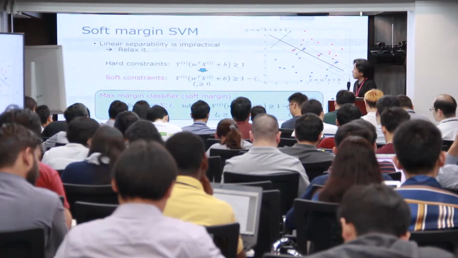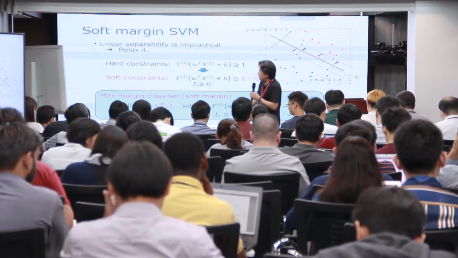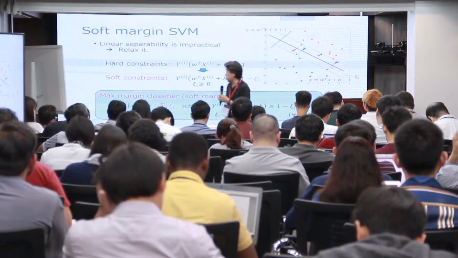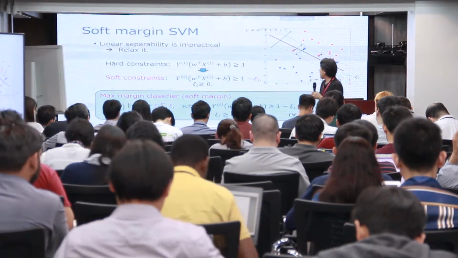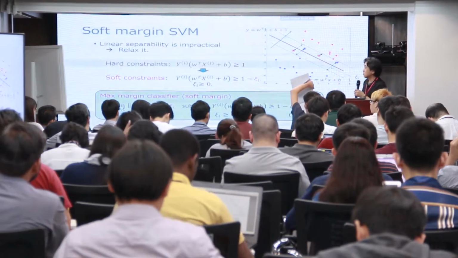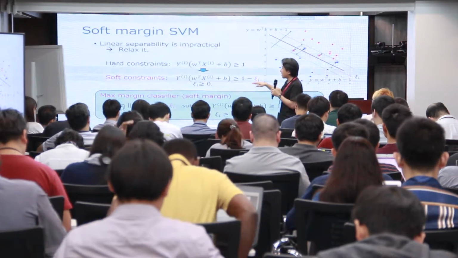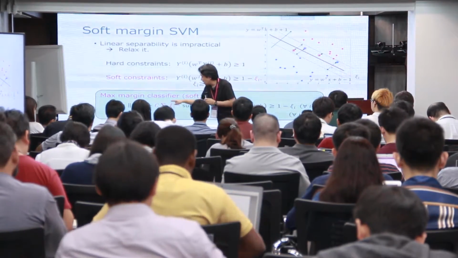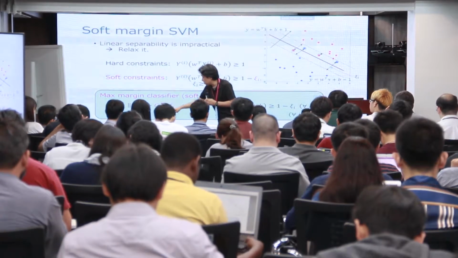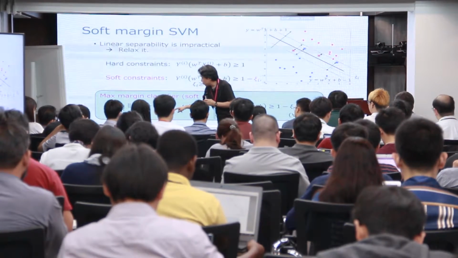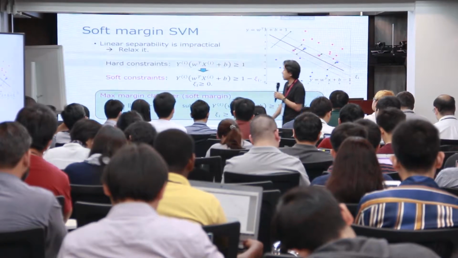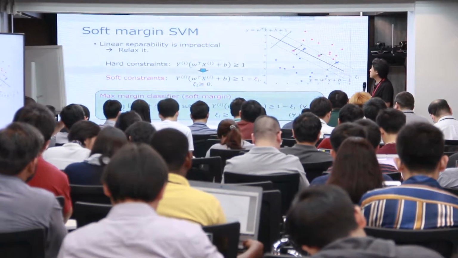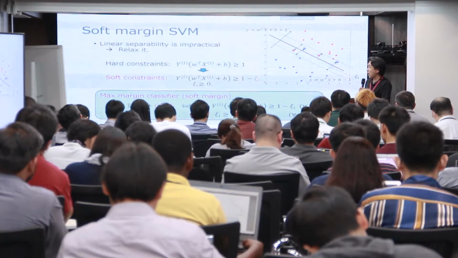So we add this term to the objective function. We allow the break of the constraints, but the extent of breaking the constraints should be minimized. So this break should be as small as possible.